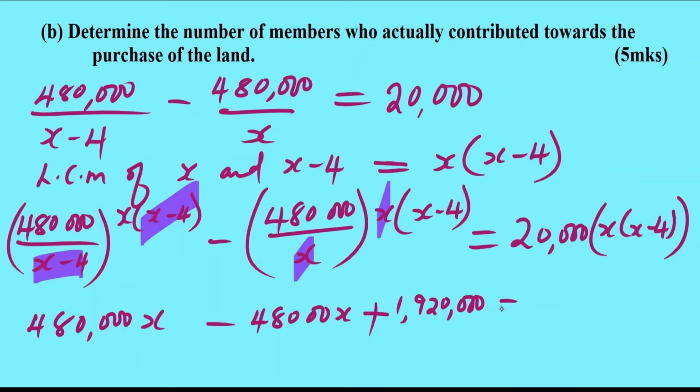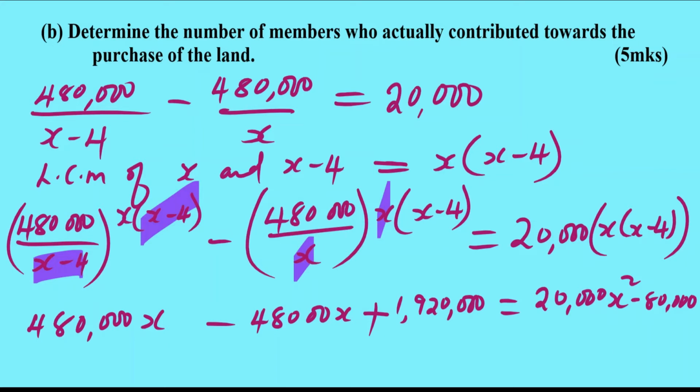This one is equal to, when we open this up, you get 20,000 X squared, then this is a minus 80,000 X. That is what we get.